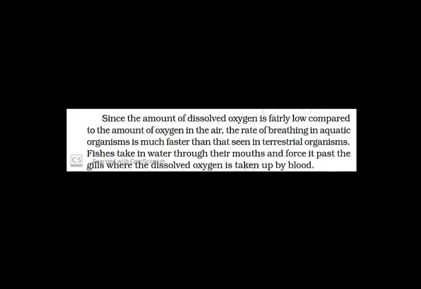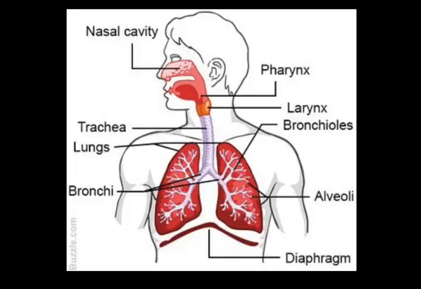So now we are discussing the respiratory system of the human. As we all know, we take oxygen from the environment, so we have a different kind of respiratory system. Let's discuss this system. In the digestive system, we had the buccal cavity, where we ingest food through the mouth.